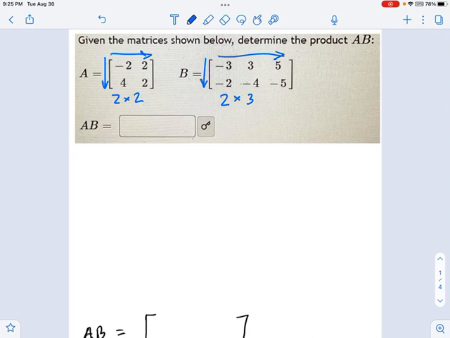The first thing you need to check when you're told to multiply two matrices together is to make sure the dimensions are appropriate for that multiplication. Here's what I mean. See how it's a 2 by 2 times a 2 by 3? Well, these numbers must match. If those numbers I outlined do not match, you can't do the multiplication. It's just not going to work.